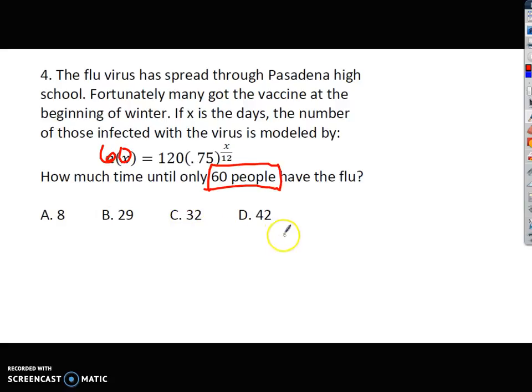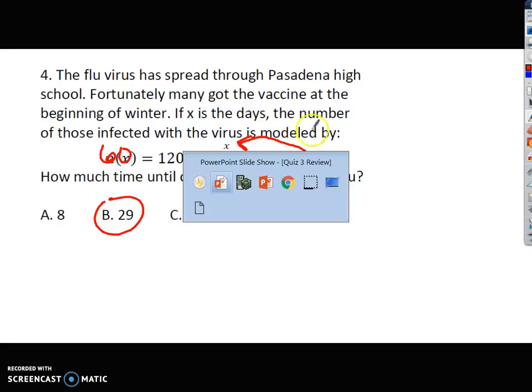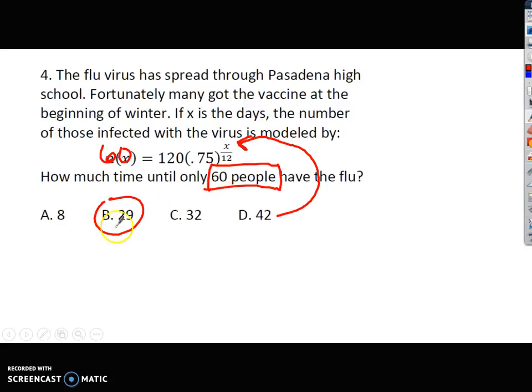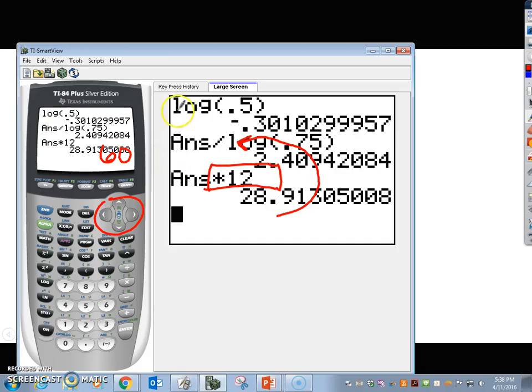These are all possibilities for x. That means I can just plug in one by one into x. Since we already know that the answer is 29, I'm going to show you how to do that. We're going to plug 29 into 120 times 0.75 raised to that power, and we should get 60. So let's see if that happens.